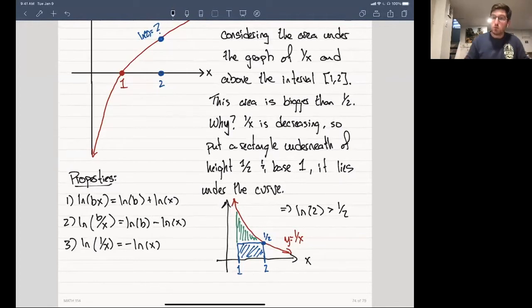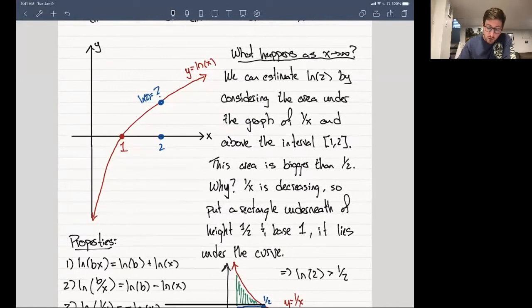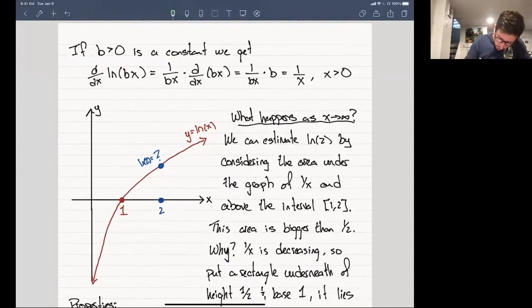So I've got a symmetry property, right? When I flip, I do 1 over x, so that takes big values of x and makes them small, and small values of x and makes them big. I'm just negating the function. So if you look at my sketch right here, you can see, it's not the best sketch in the whole world, but that's kind of what's happening. So when I take ln of 2, then if I ask myself, what is ln of 1/2?